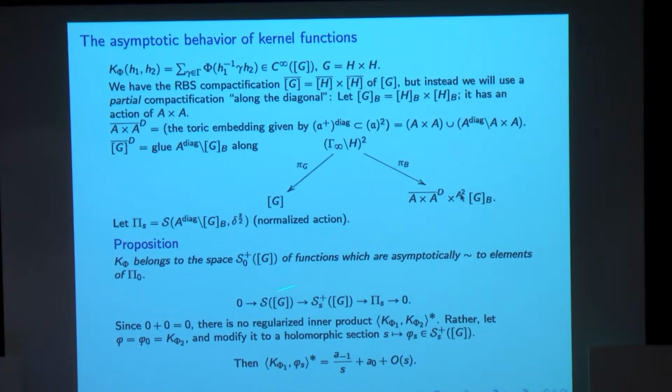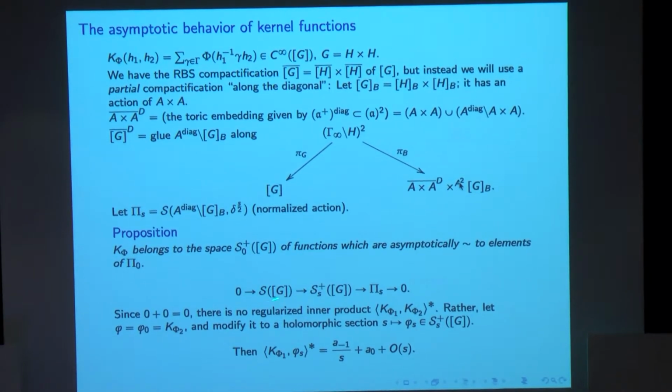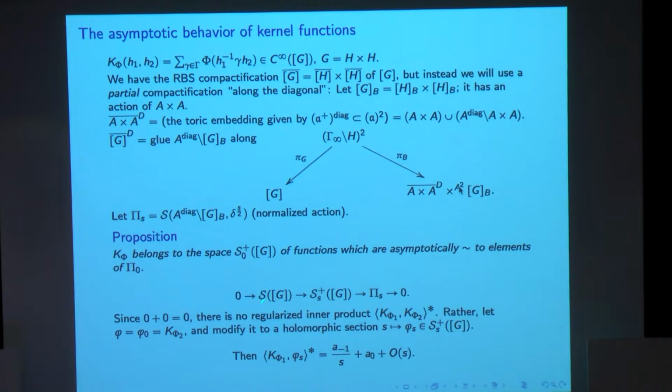Let's look at this short exact sequence to explain what I mean. We have rapidly decaying functions on G mod gamma. They live in a space of functions which, close to this divisor that we have added at infinity, behave as eigenfunctions for a diagonal with respect to the given character.